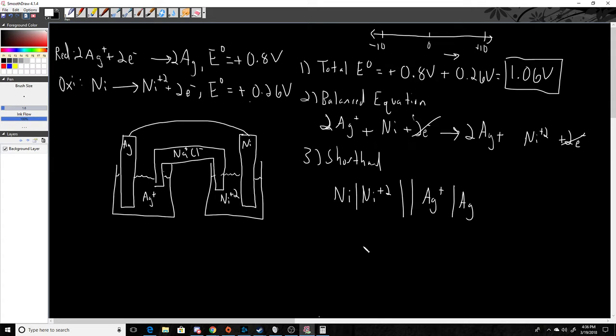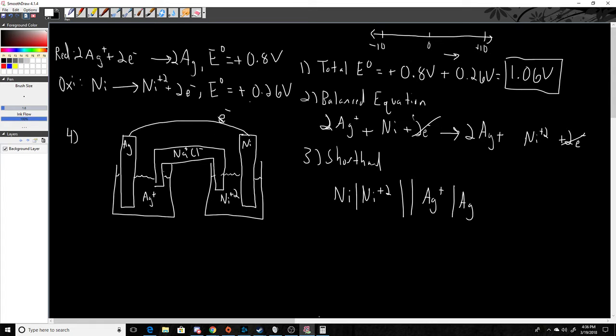All right. There's a fourth thing I need to do, and that's to finish the diagram. So here we said the silver was taking electrons, the nickel was giving up the electrons. So with the way that I have the beaker set up, the nickel's giving away electrons, right?